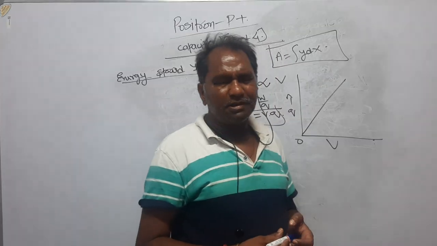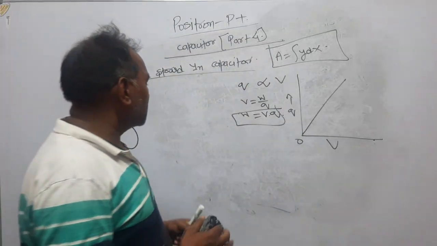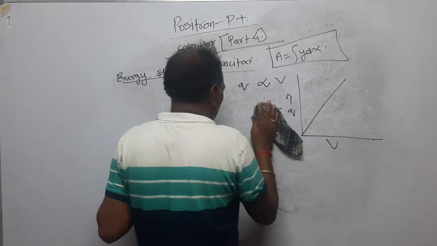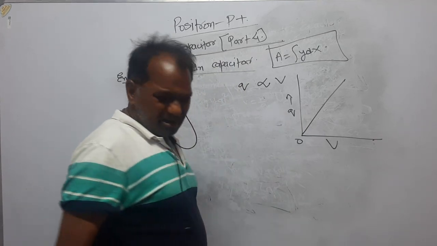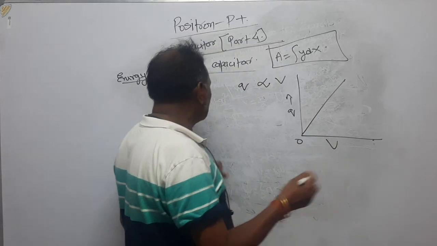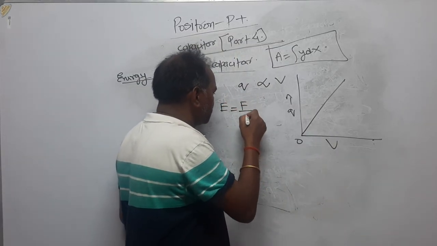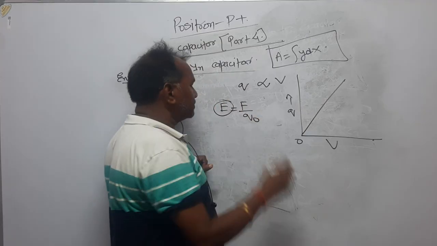A very important thing I have to discuss: sometimes you are a bit confused about what the potential is. The basic concept is that electric field intensity E is equal to F upon Q naught. How do you define electric field intensity?